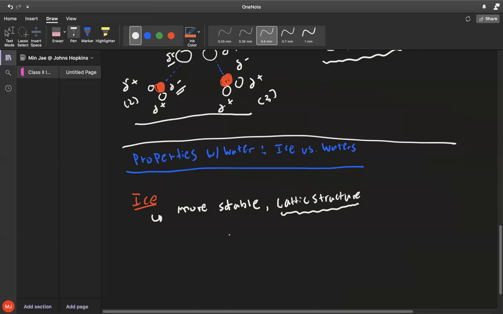So what lattice structure is that? For example, since ice is a solid state, all the water molecules are stacked together, which means the distance between the water molecules is rigid, so that the distance doesn't change over time, and they have this organized fashion of creating this rectangular structure.